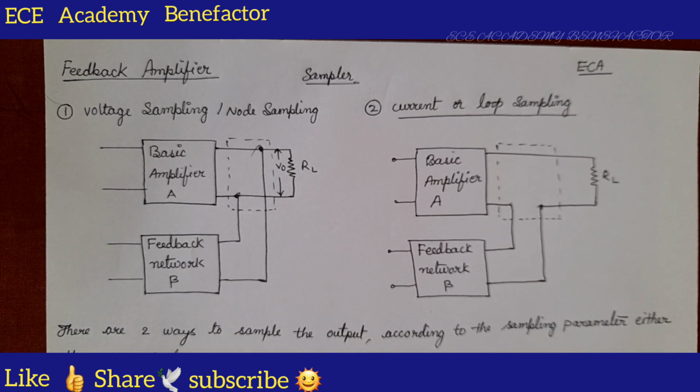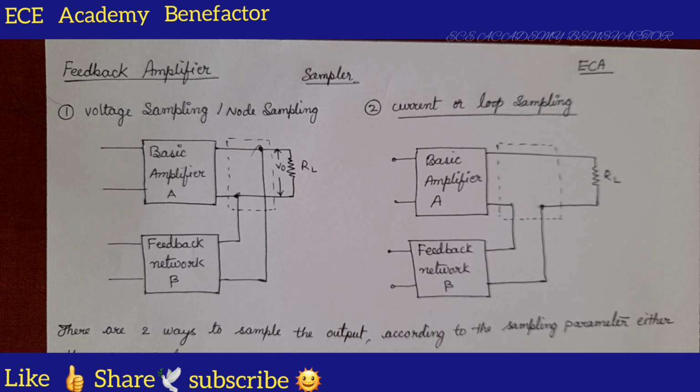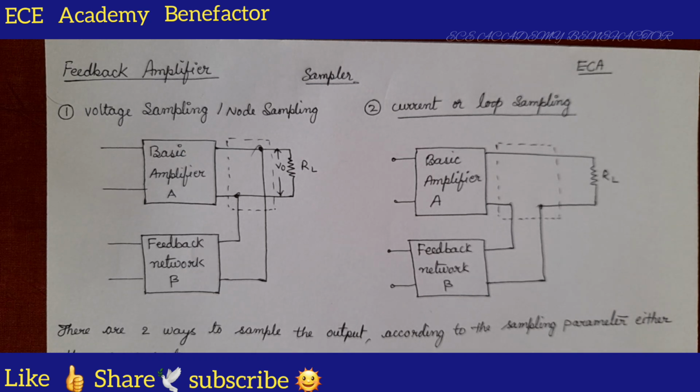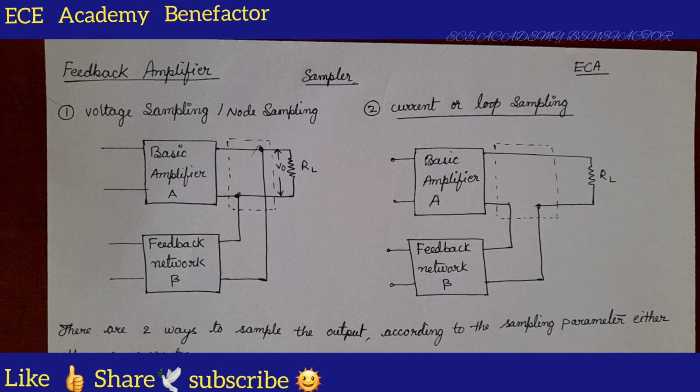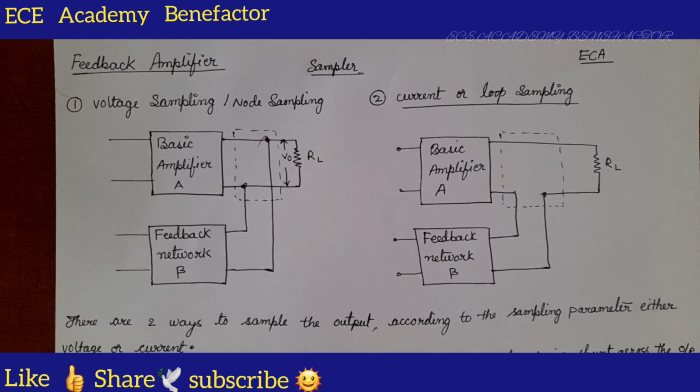Till now, what we have understood is the block diagram of the feedback amplifier, the schematic diagram of negative feedback amplifier, the different basic amplifiers like voltage, current, transconductance, transresistance amplifier, how to draw voltage and current sampling, series and shunt mixing, and the transfer ratio and gain equations.